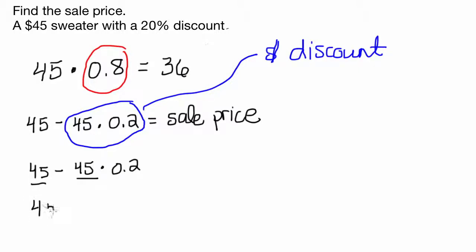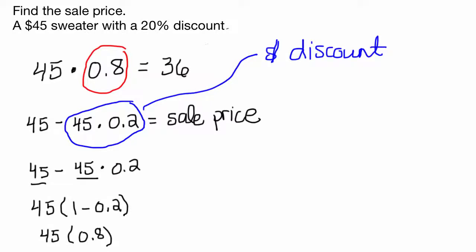So we could factor out a 45. And then when you factor out a 45 from here, you're left with 1. When you factor out a 45 from this term, you're left with 0.2. Okay? What's 1 minus 0.2? Well, that's 0.8.